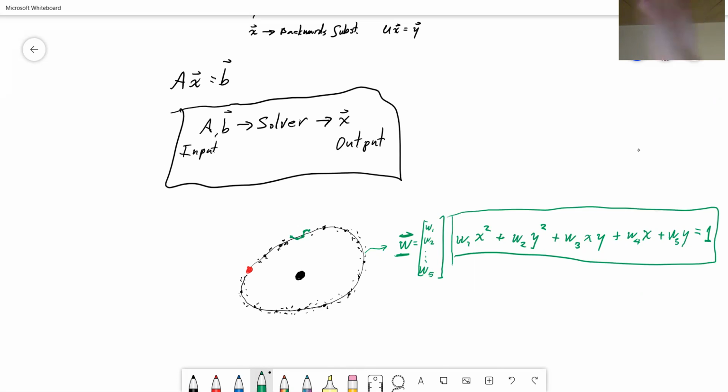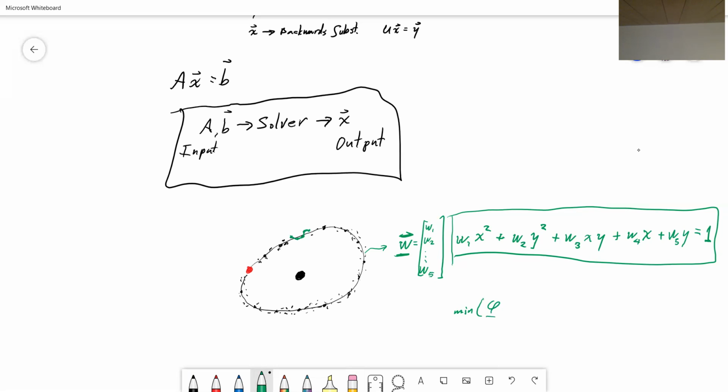But we want to make this equation as close as possible, so we change our problem to minimizing phi. These are the polynomial features.